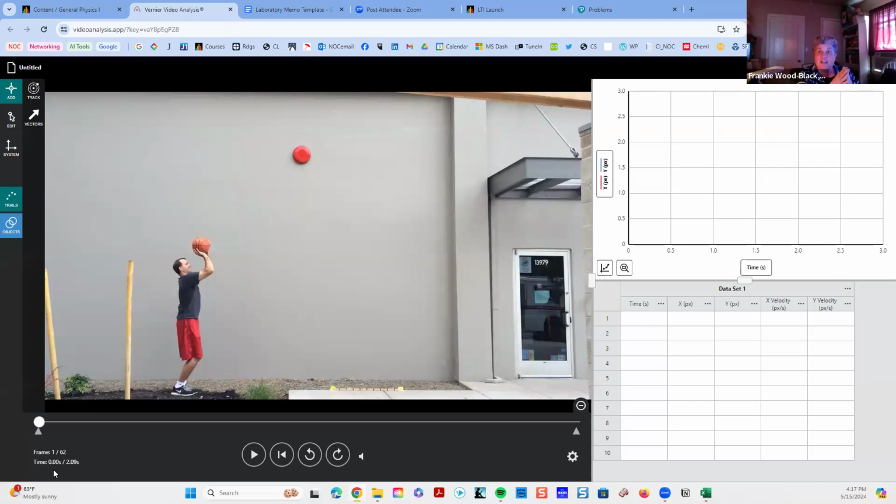So if you want to take something in slow motion, that's totally fine, but be aware of that frames per second. There is a way to go in and modify the frames per second in the video tool. Most of the time, your video is in real time, not a big issue. This tool works really great.